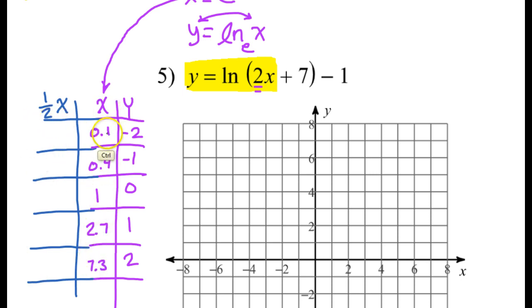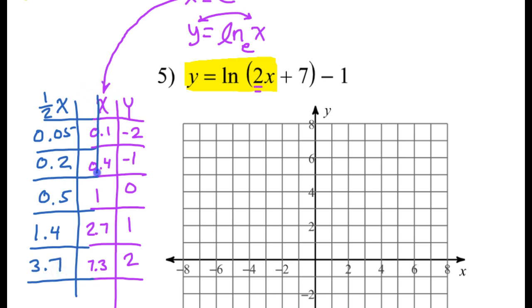So that means I'm going to have 0.05, 0.2, 0.5. Let's see, 2.7 divided by 2 is approximately 1.4. And then 7.3 divided by 2 is approximately 3.7.